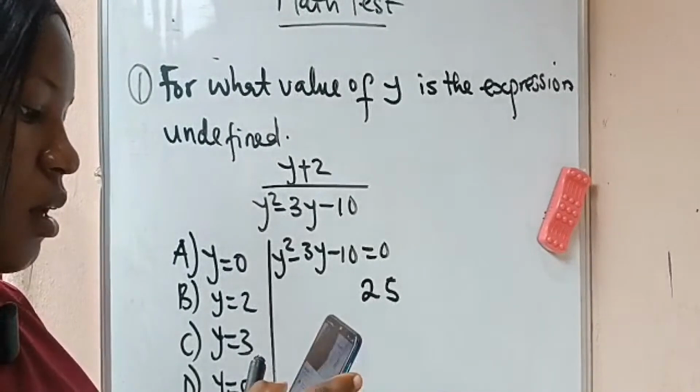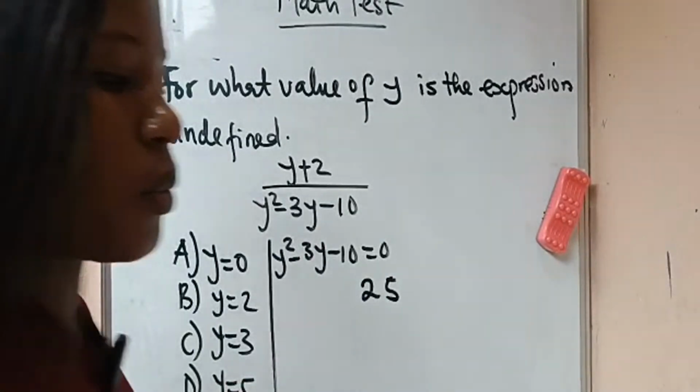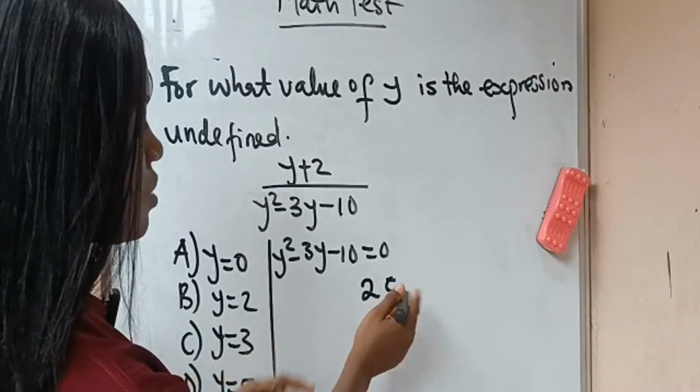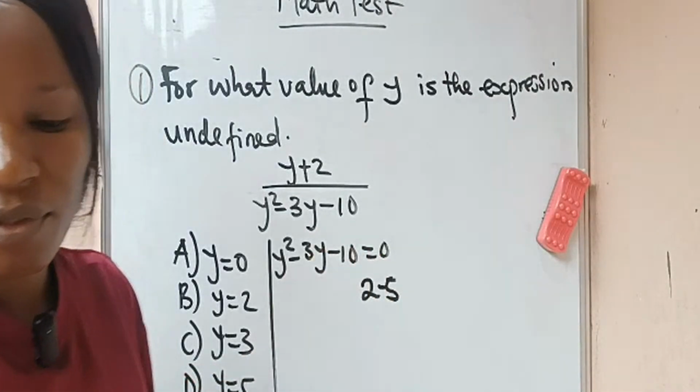Now, we are going to make this 2 and minus 5.